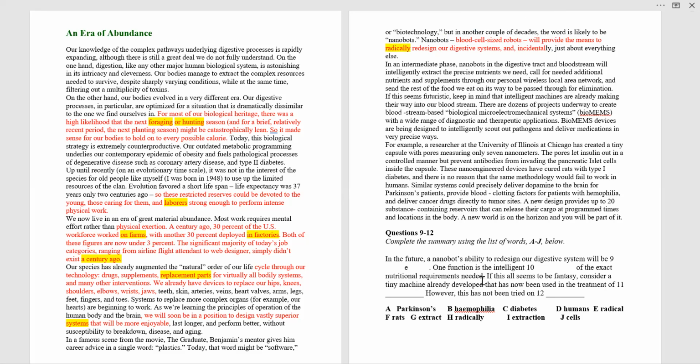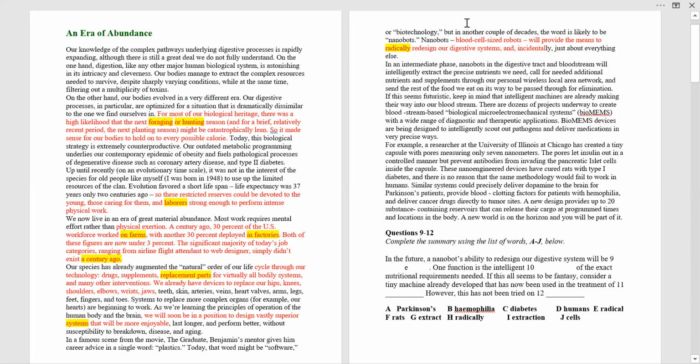One function is the intelligent dash of the exact nutritional requirement needed. So intelligent extraction sounds good there, right? Extract and extraction. Now we got two words.